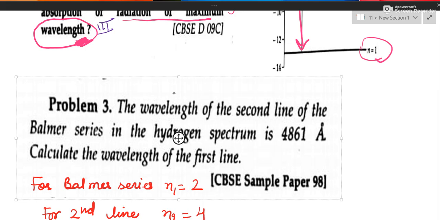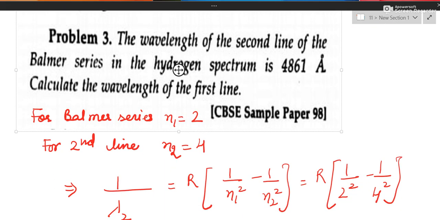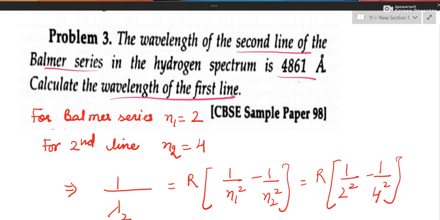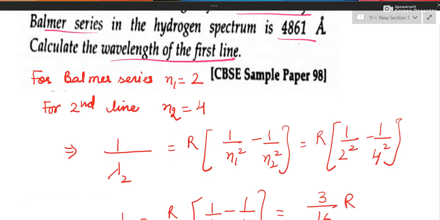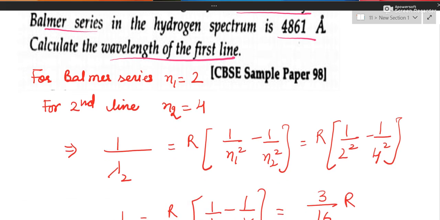Getting to next, the wavelength of the second line of the Balmer series is this. Calculate the wavelength of the first line. So see, first of all, for Balmer series, N1 is 2, that is fixed.